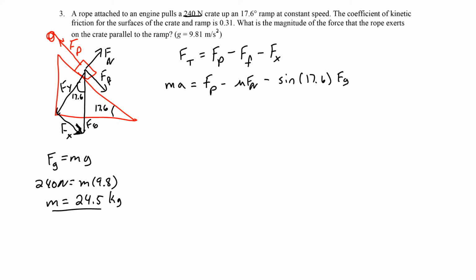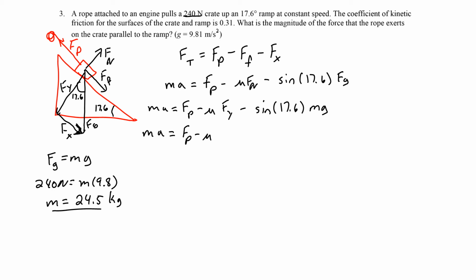So we'll say Ma equals. What's Fn going to equal? Fy, minus sine 17.6 mg. So Ma equals pulling force minus mu.